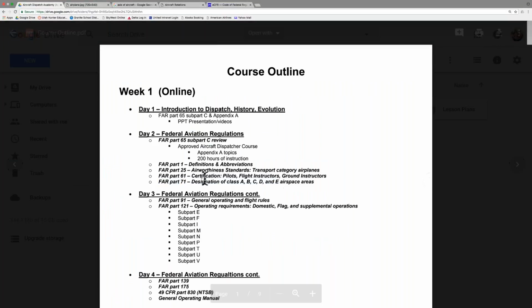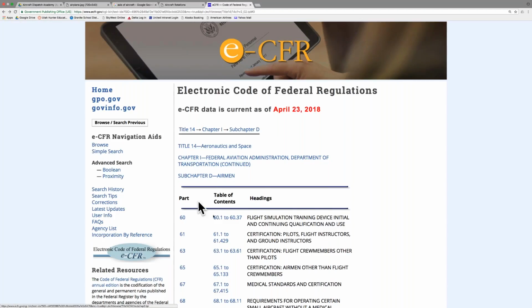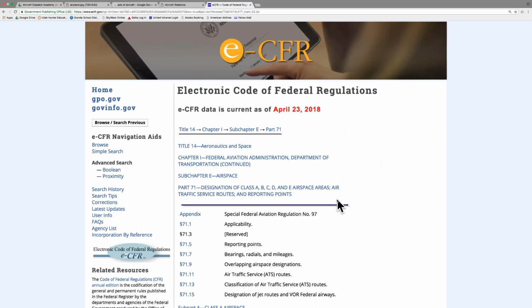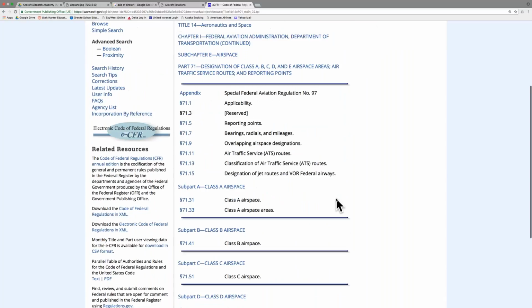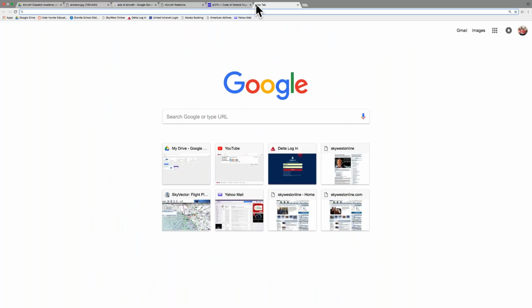So we'll move on to this part 71 here. So part 71 is our airspaces. So when we talk about airspaces, kind of what Rex was saying about airspaces yesterday.